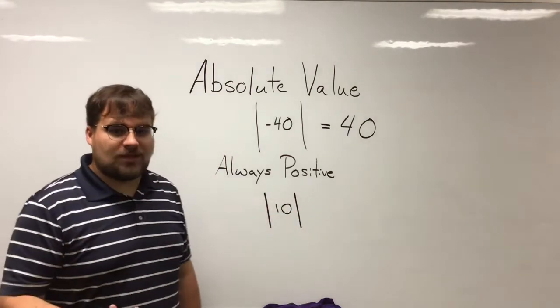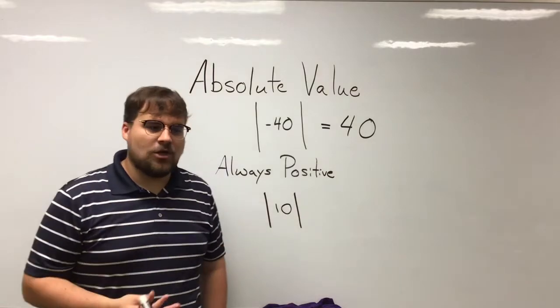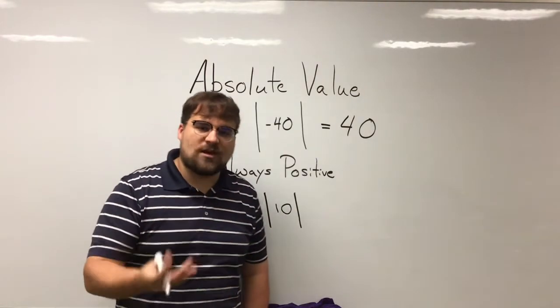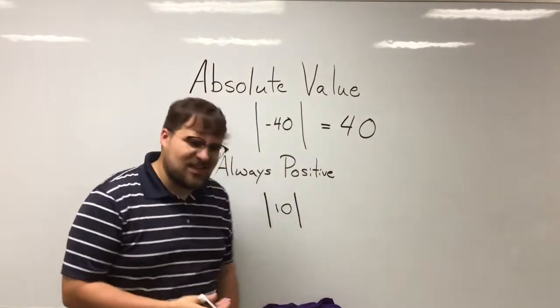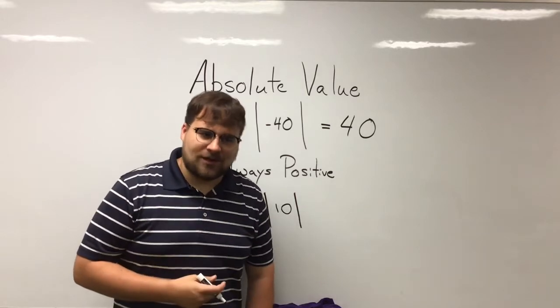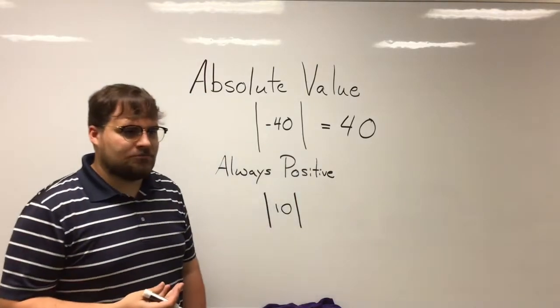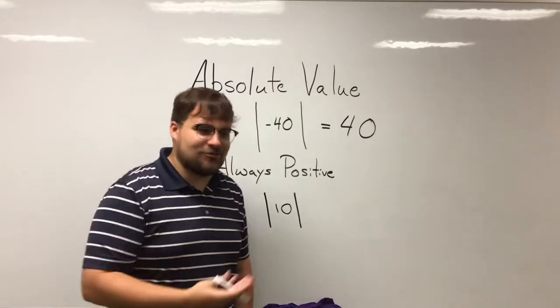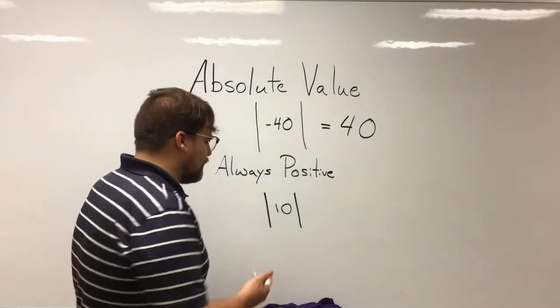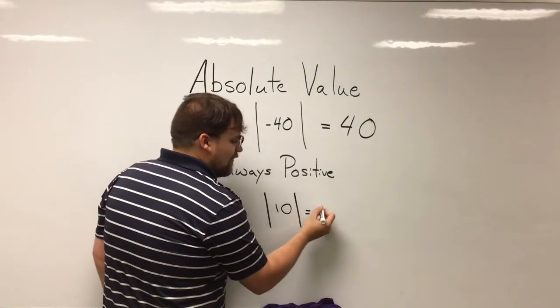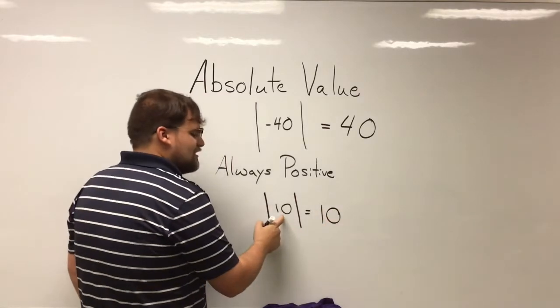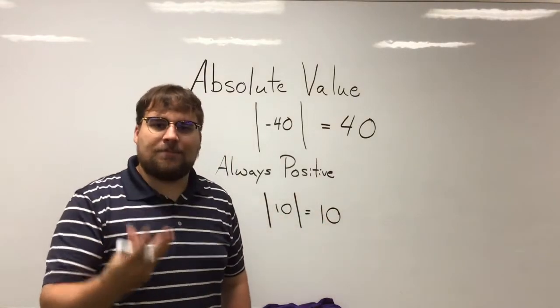Now, if we wrote the absolute value of 10, we're still asking the same question. How far is 10 from 0 on a number line? Well, 10, right? It's 10 units away. We don't have to change the sign of anything here because this number is already positive.